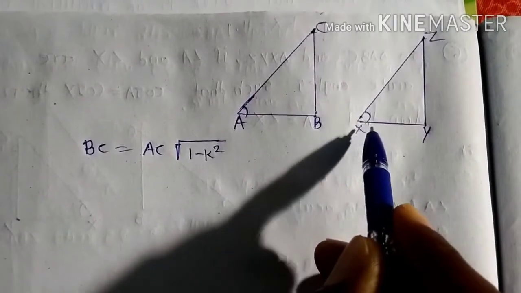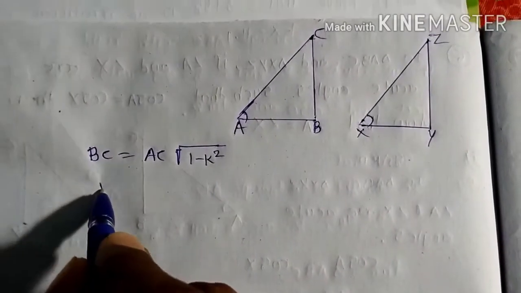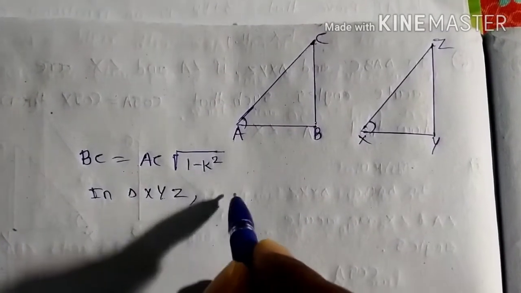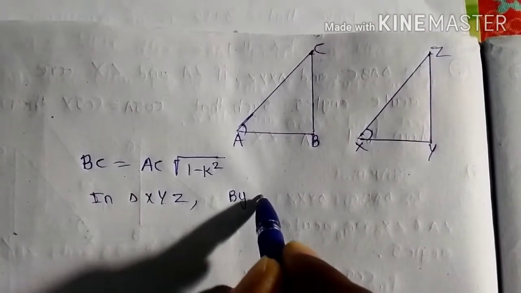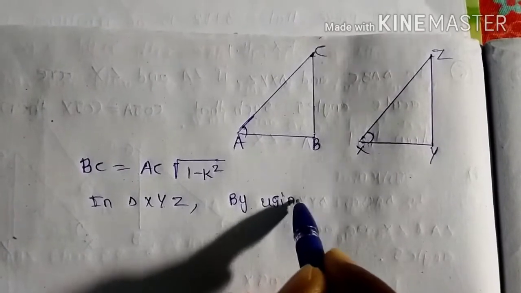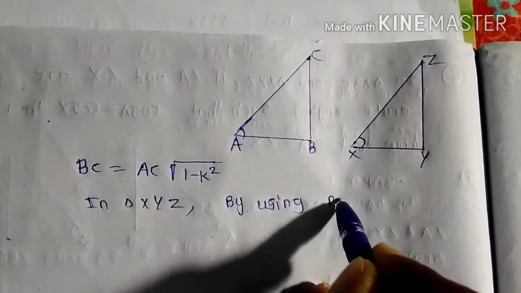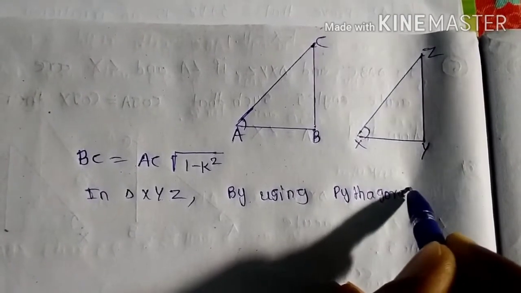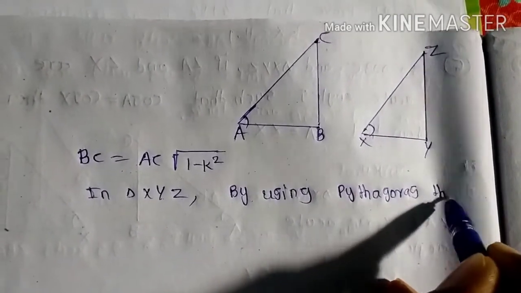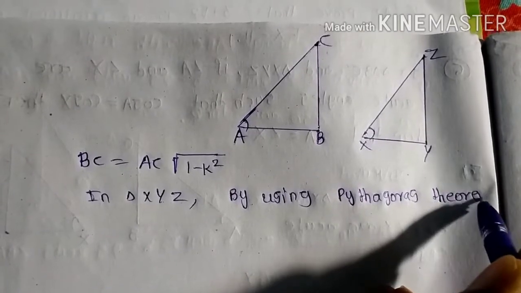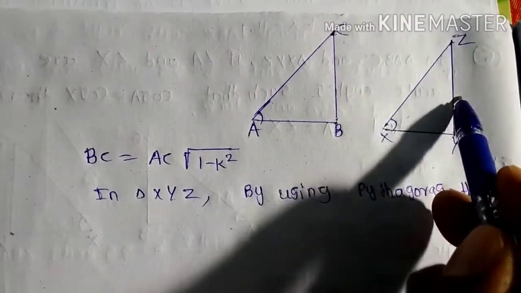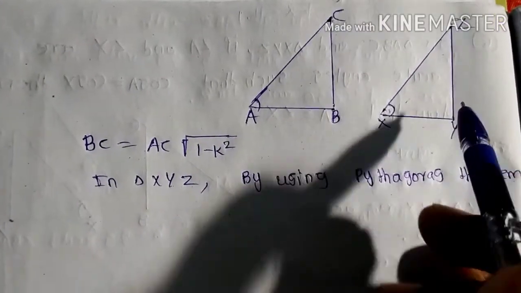Now you can consider here triangle XYZ. In triangle XYZ, by using Pythagoras theorem, see here hypotenuse square is equal to the sum of the squares of the other two sides.